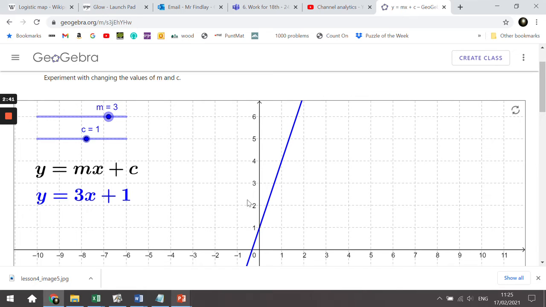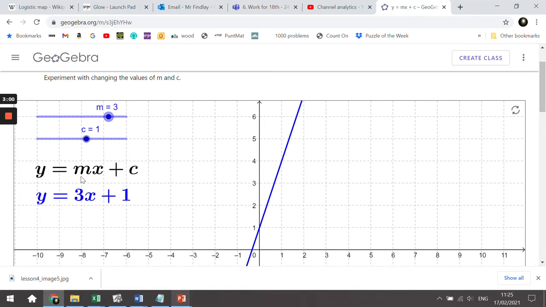Now let's think for a second what this equation is actually doing. It's saying my y coordinate is 3 times whatever my x coordinate is. So if my x coordinate is 1, I'm timesing that by 3 and adding 1, and that gives me a y coordinate of 4, which is exactly what we see on our graph.